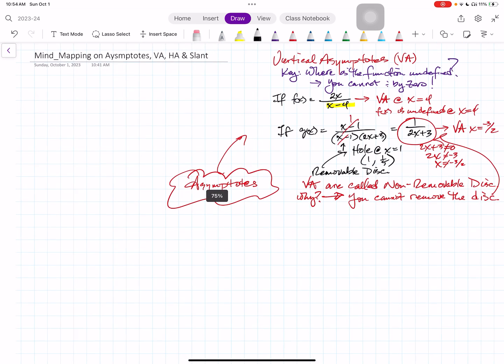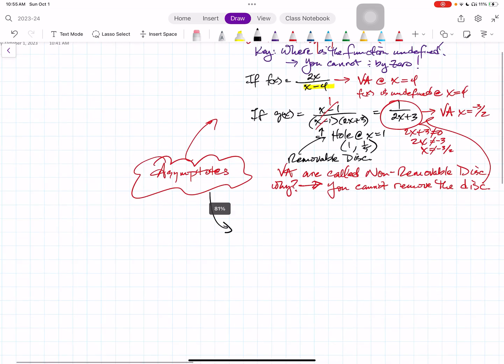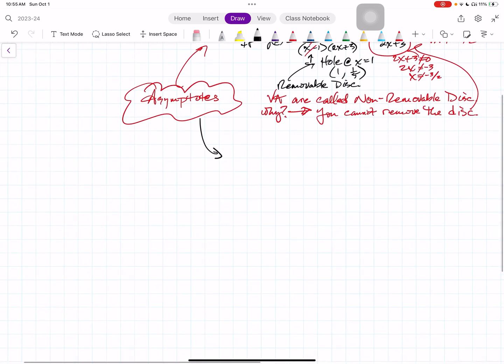Okay, now next topic here. I'm going to stem off and talk about holes again because these are the removable types. So let's go down here and talk about the removable discontinuities.